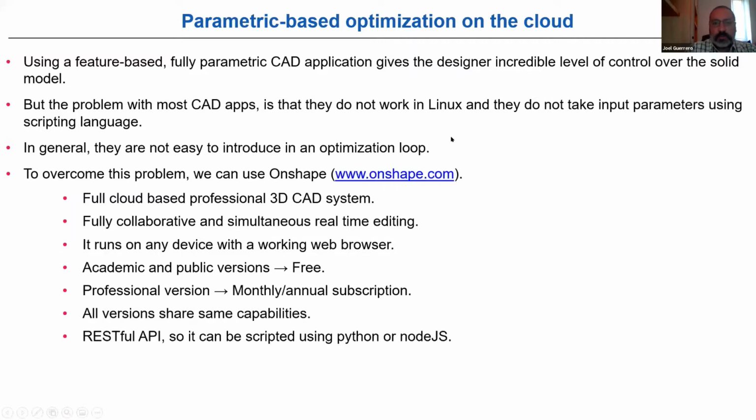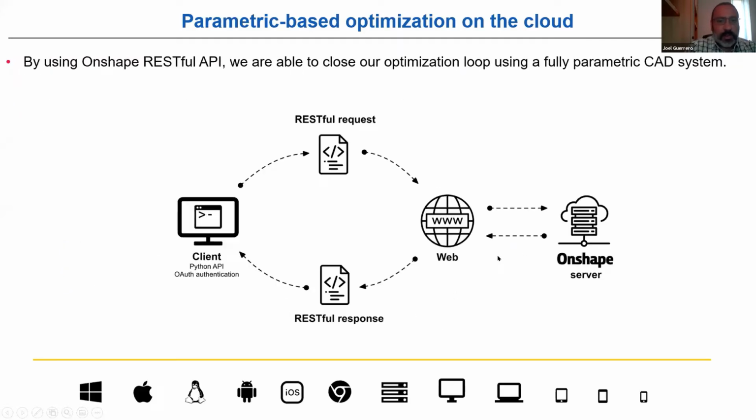This is why I use it, because probably you know that all these CAD applications don't work in Linux. If you want to take this approach in Linux, it's not possible. You need to do it via a virtual machine, or you need to use very expensive CAD software. So this is why I use Onshape. It's free. I recommend it. If you haven't used it, you are missing a lot. It's beautiful. I'm not going into details, and I'm not going to do publicity as well.